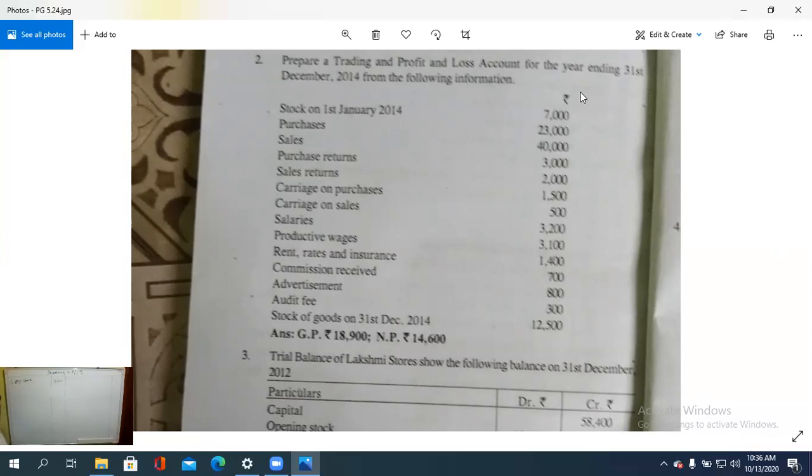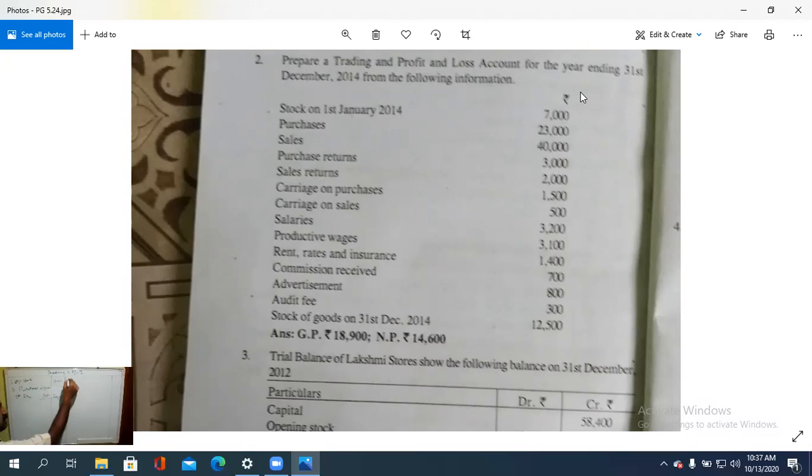Then purchases 23,000, sales 40,000, purchase returns 3,000, sales returns 2,000. So to purchases, how much? 23,000 in the inner column, less returns, how much? 3,000. So net amount 20,000 on the debit side.